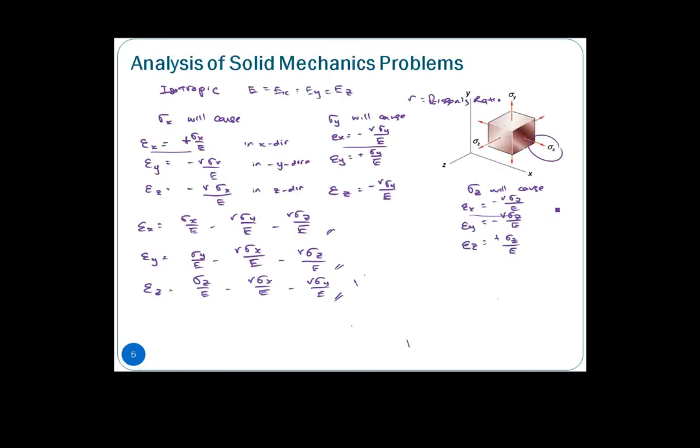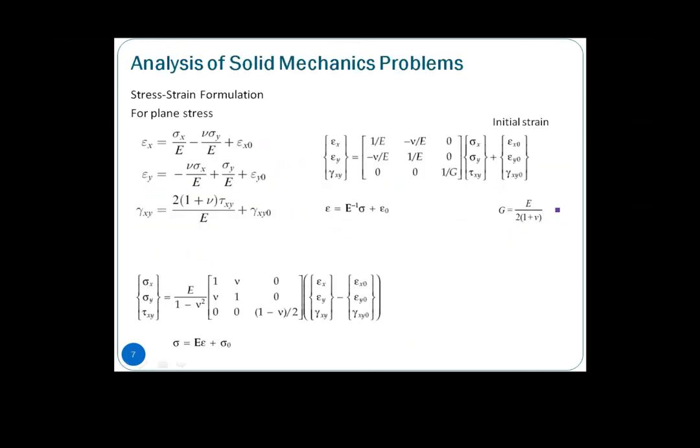So in this case, if I want to look into just plane stress itself, where we only have epsilon x, epsilon y, and gamma xy, then we only have a contribution from our epsilon x, or strain in the x direction. Basically, we only have a contribution from normal stress in x as well as y, no z direction, right? So similarly with y, normal strain in y is also the same. You only have contribution from x and y.